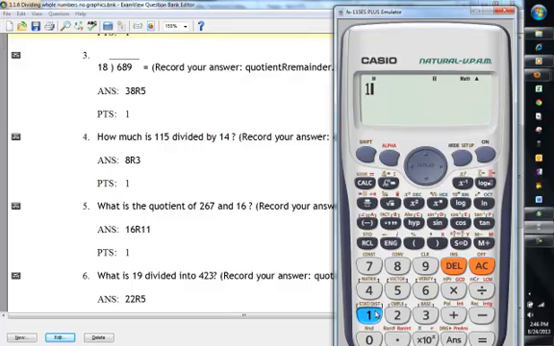Next one, 115 divided by 14, and we get 8, remainder 3. 267 divided by 16, and we get 16, remainder 11.